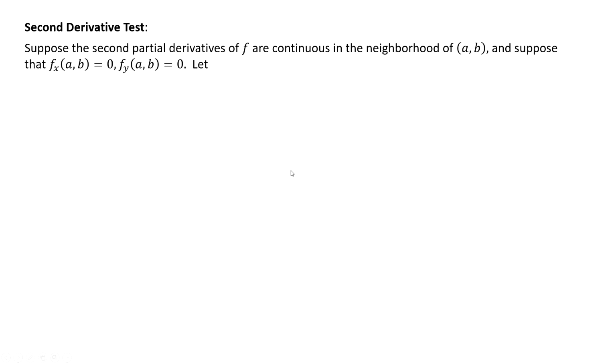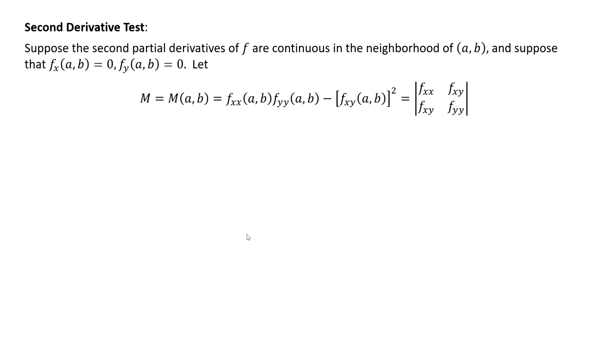That's the first condition. And also suppose that the first partial derivatives are 0. Then if we were to define something called M, you better pay attention to this one. We are going to solve quite a few problems based on this one. Okay, you need to compute M like this.